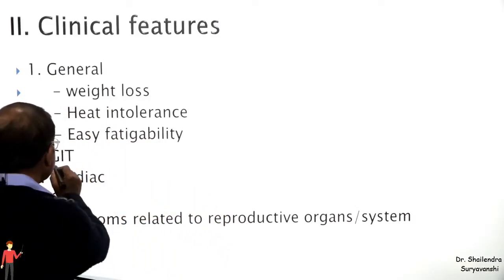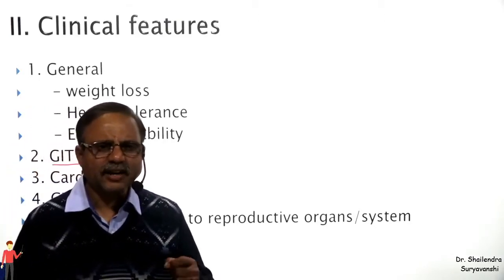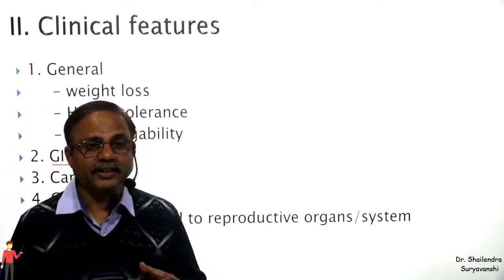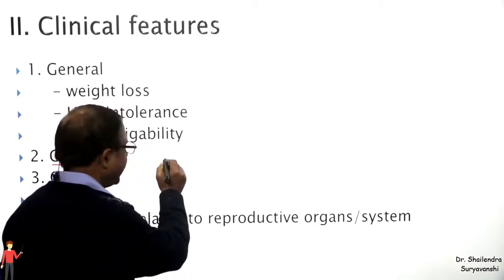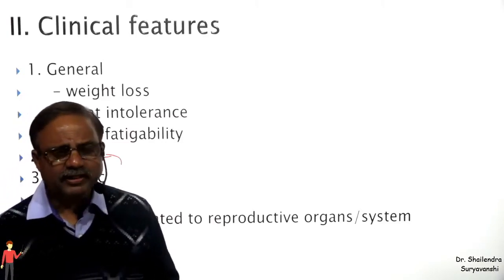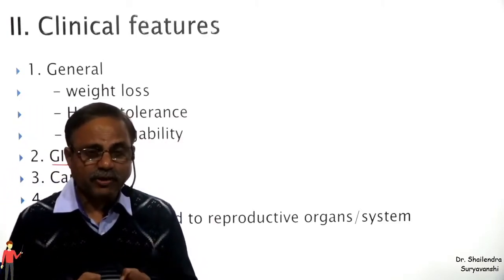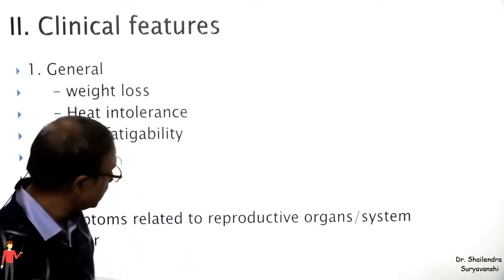Then the GIT: what will happen? You can just guess it. Cells have become active, so there will be more motility in the GIT, which will cause diarrhea. Then in the cardiac system, the heart will beat more strongly, the force of contraction will increase, and there will be an increase in blood pressure.